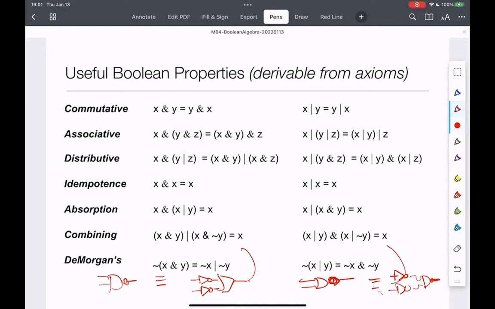Now, what I'm suggesting here is that De Morgan's tells me how I can implement an OR gate using NAND gates. Does anyone see how? If you just do the NOT of the quantity of not X and not Y, you just get an OR gate. Yeah, so I can indeed.